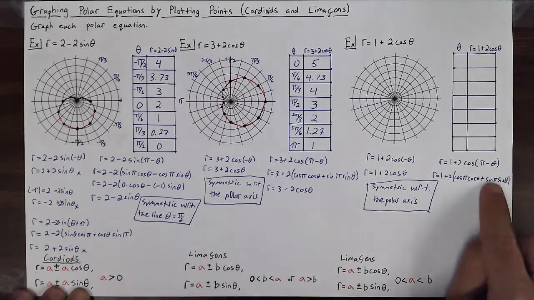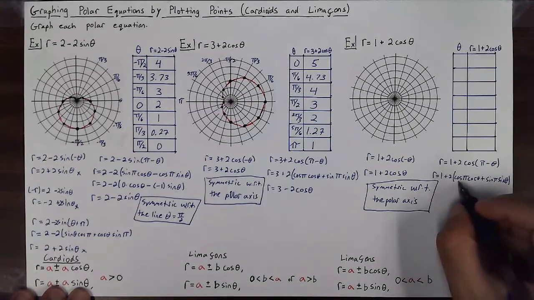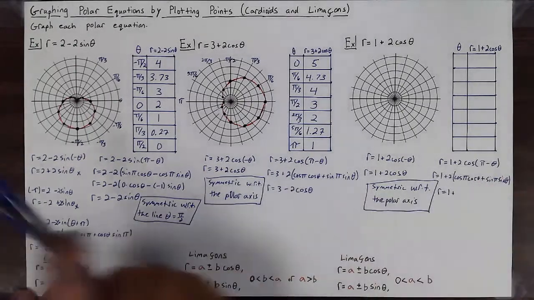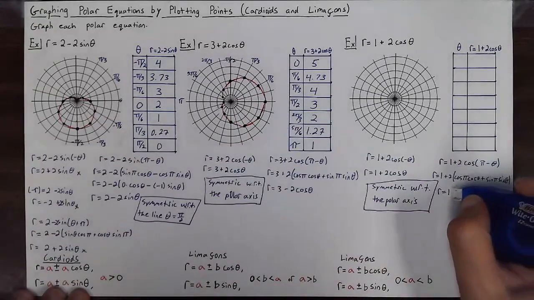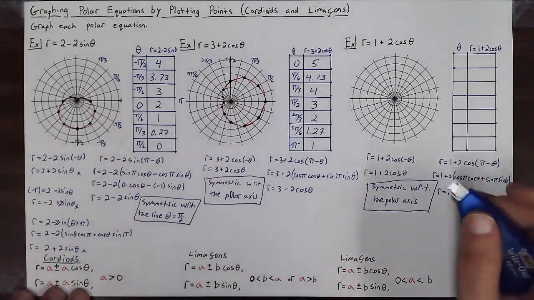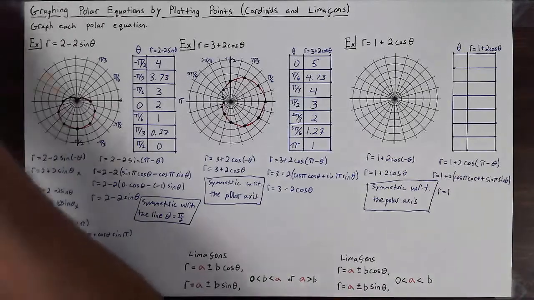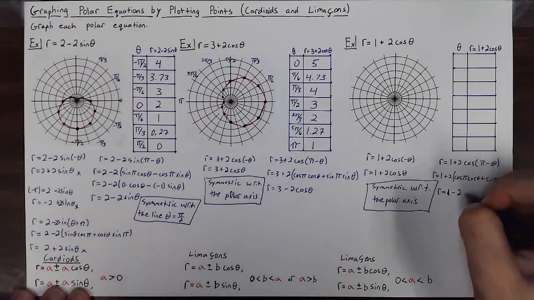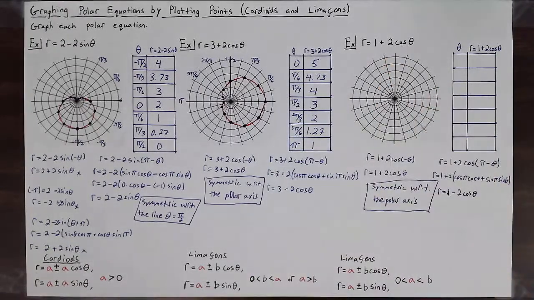Sine of pi is 0, so that term goes away. Cosine of pi is negative 1. Which leaves me with r is equal to 1 minus 2 cosine of theta, since cosine of pi is negative 1. So minus 2 cosine of theta, which isn't the same. So it's definitely not symmetric with respect to that line.